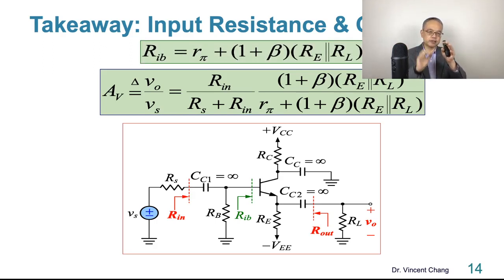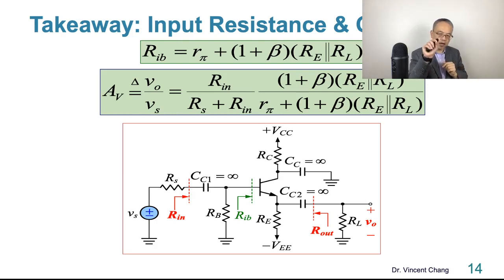I analyzed this by inspection, built around the hybrid model, but I don't draw out the hybrid model. It's pictured in my mind. So I expect you can also picture the hybrid model in your mind by looking at the circuit.